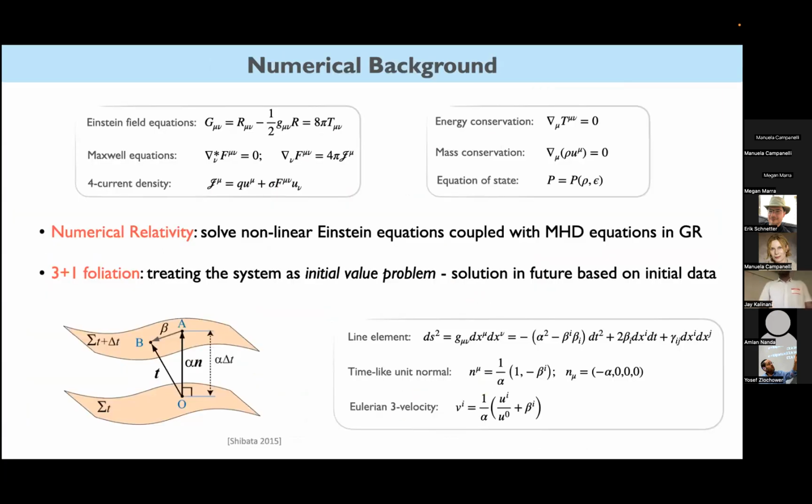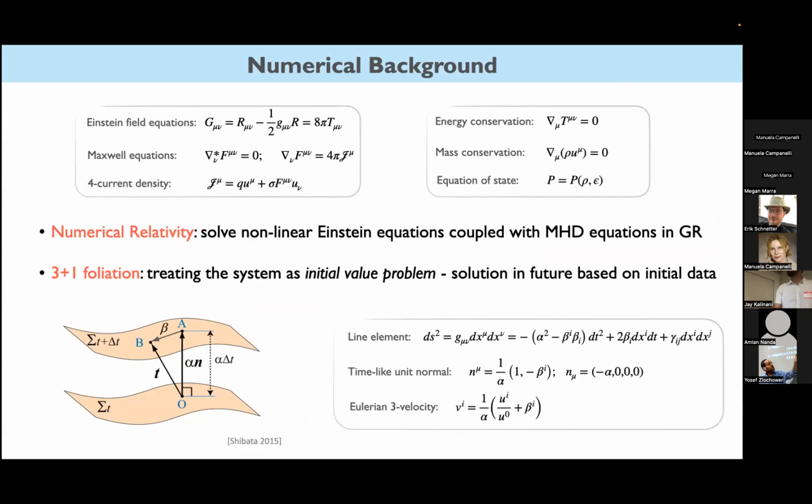Alexandru earlier today gave an excellent talk on the background of numerical relativity, so he did most of the work and my job became easier. We now understand the motivation behind numerical relativity, not only for evolving space-time, but also for evolving matter equations like MHD, and the typical standard approach is a 3+1 foliation.